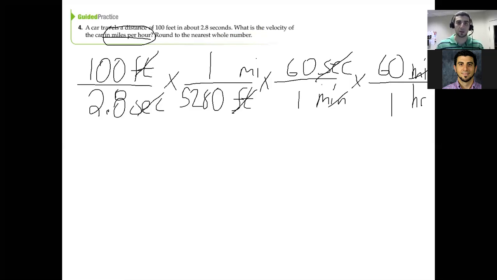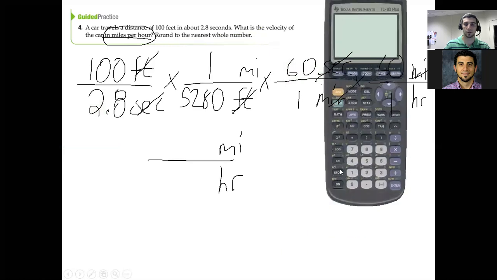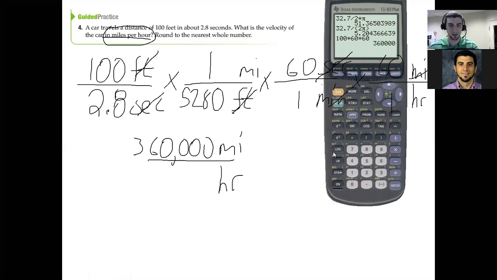Okay, so at this step, we just multiply straight across the top and the bottom, and put our units as they should go. So across the top, I got 100 times 60 times 60. That gives me 360,000 miles. And on the bottom, 2.8 times 5280 times 1 times 1.